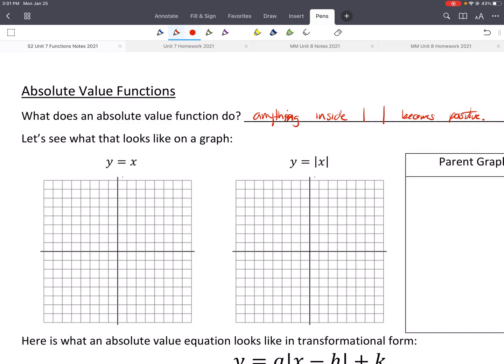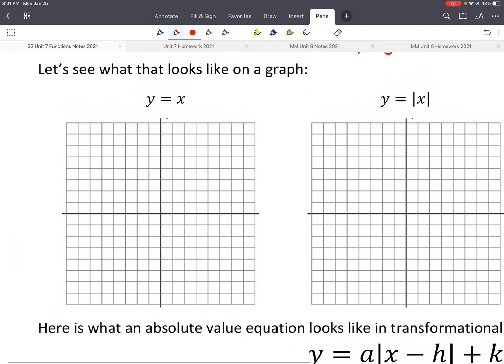One way we can look at that is by taking the parent graph of a linear equation, which is just y equals x. If you plugged in 0 for x, you'd get y equals 0. If you plug in x equals 1, you'd get y equals 1. If you plug in 2, you get 2. So it gives you a linear equation that has a slope of 1 over 1 and a y-intercept at 0, 0.